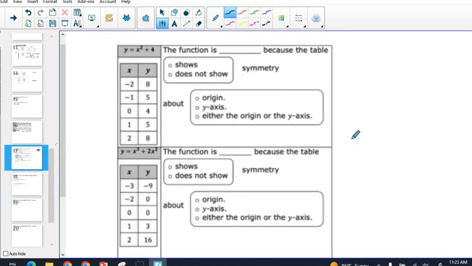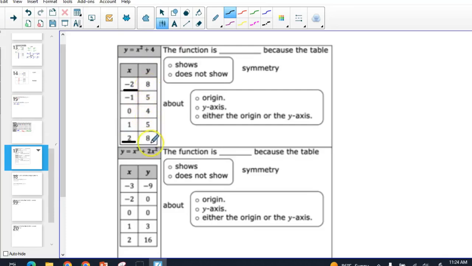Last couple examples for today. We're going to have to use our information about tables and then relate it back to what we know about graphs. So we have our function here on the side, x squared plus 4. So let's check our x value. Look at our negative 2 and then at 2.